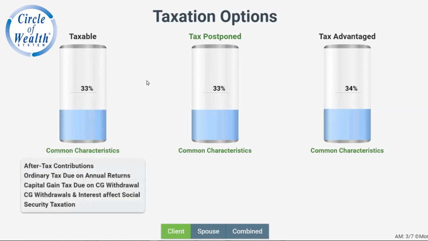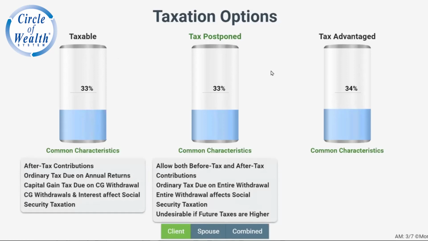So under taxable accounts, typically these are going to be after tax accounts. Then it goes through all the common characteristics. So this is stuff like checking, savings, CDs a lot of times. You could think of taxable brokerage accounts. So it just gives you a lot of the common characteristics of these types of accounts.